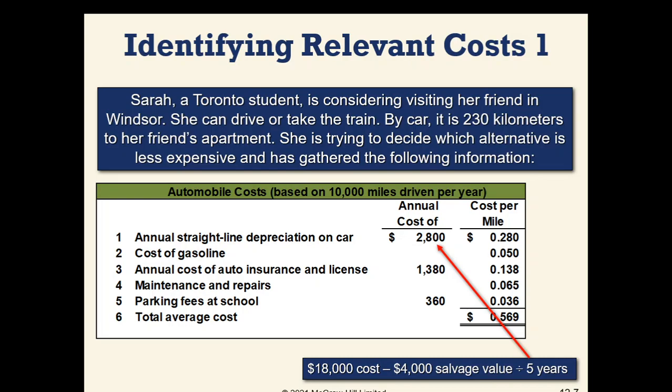The annual cost of auto insurance and license is $1,380 or 0.138. Maintenance and repairs, 0.065. Parking fees at school are $360 a year or 0.036 per mile. All of this brings us to a total average cost of 0.569 per mile.